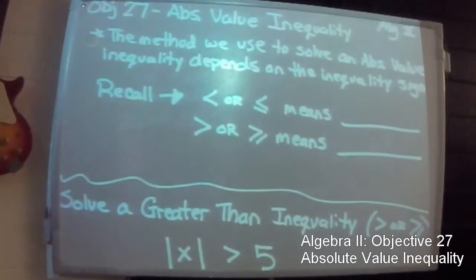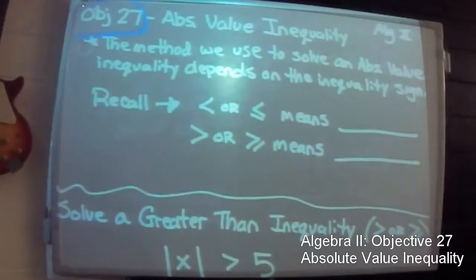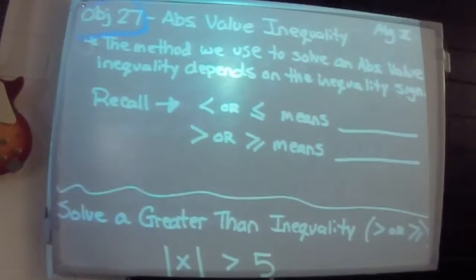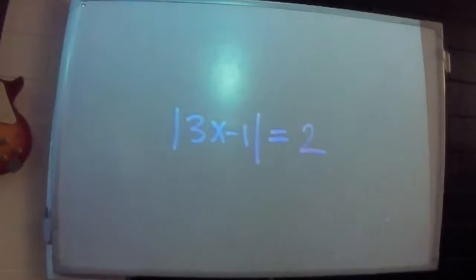Okay, this is Algebra 2, Objective 27, absolute value inequalities. Previously we talked about absolute value equations, which might look something like this: the absolute value of 3x minus 1 equals, let's say, 2.